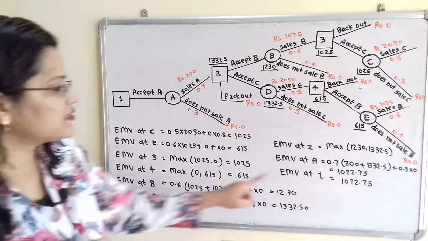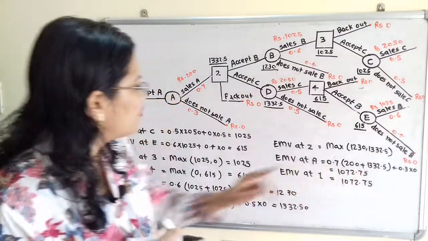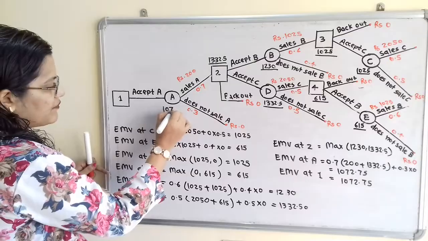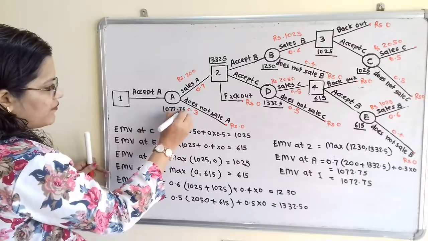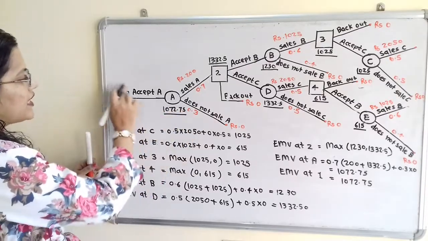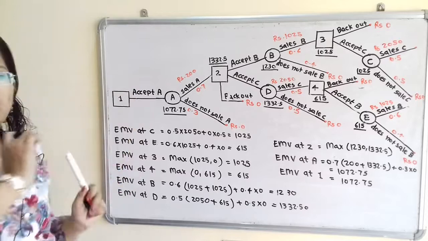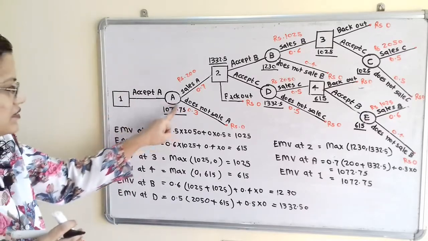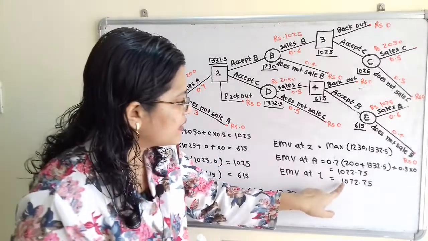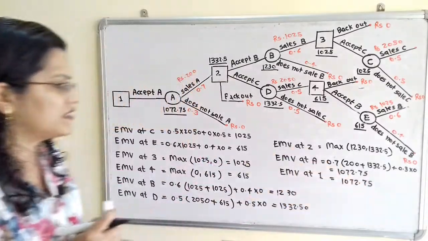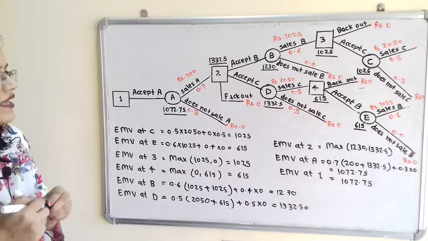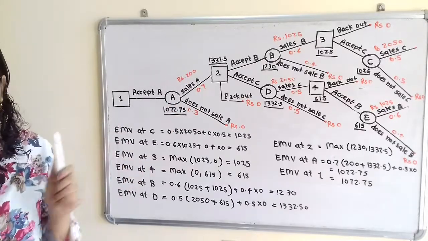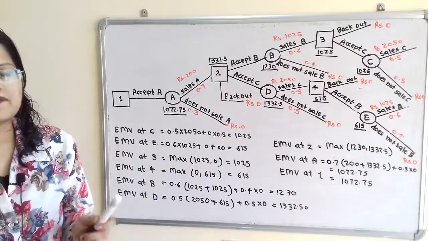So the answer is 1072.75. So I will mention here 1072.75. Then what is the expected monetary value at node 1? There is only one option, that is EMV 1072.75.